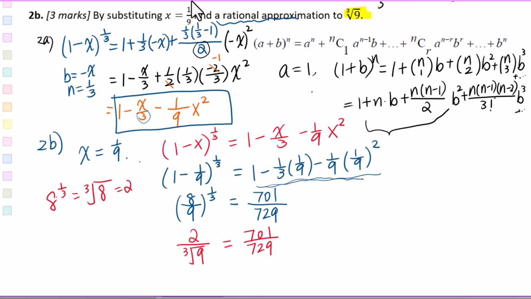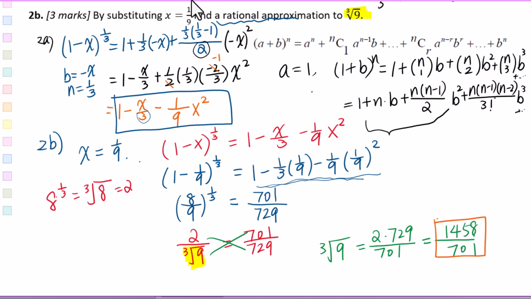Since we are looking for cubic root of 9, then cross multiply. Cubic root of 9 equals 701 over 1, as the denominator, 2 times 729. Go to calculator. We got this, the estimated rational form for cubic root of 9.